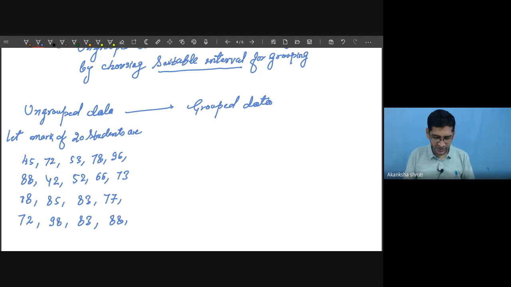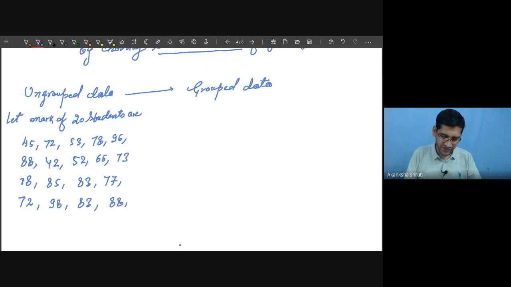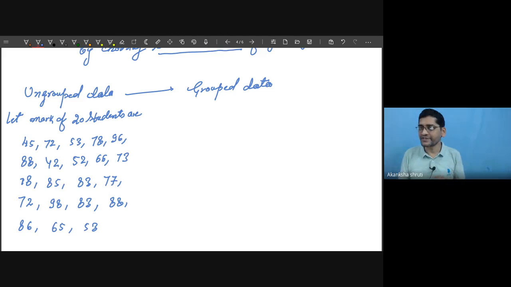We have to take the 20 data. 1, 2, 3, 4, 16, 17 data we have written. So 86, 65, 53. It is like this. Deliberately I have not taken 50, 60.